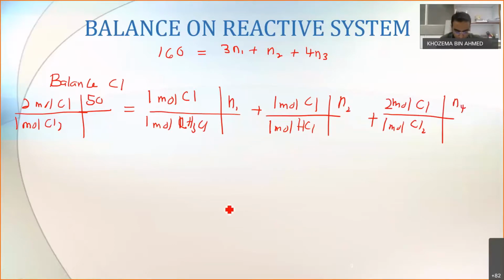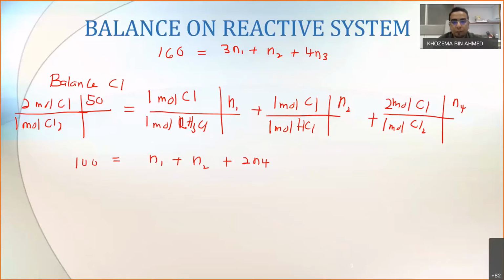Okay, so if we do the balance, we'll get 50 times 2 is 100, right? 100 is equal to N1 plus N2 plus 2N4.